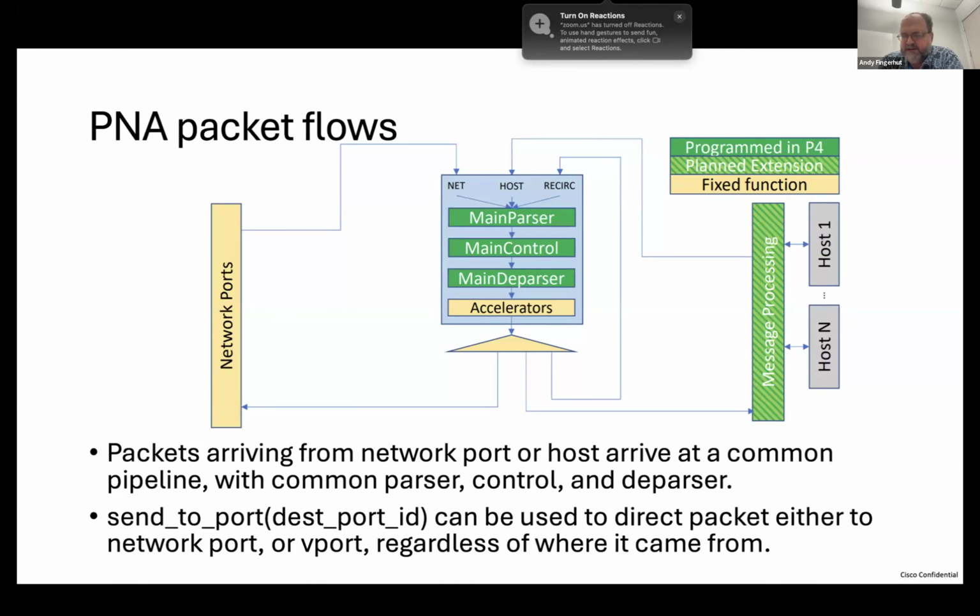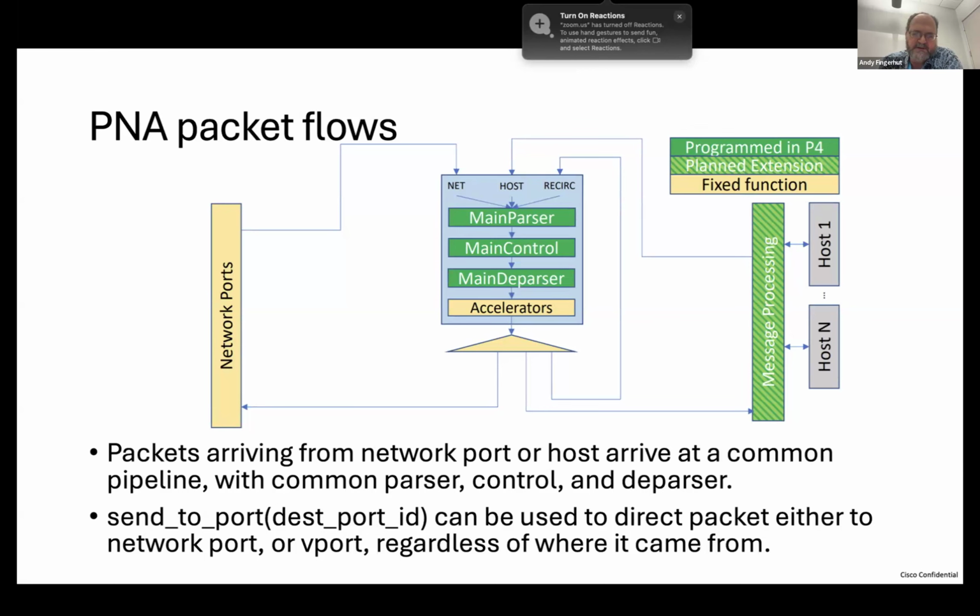There's no ingress and egress split like we see in the earlier architectures. But there is this familiar parser, control, and deparser sequence, and then the accelerators afterwards. Packets, whether they come from the network interface or from the host, go to this common pipeline. And then the pipeline can choose where they go next, either recirculating through the loopback path you see, or going to the network port or the host afterwards.